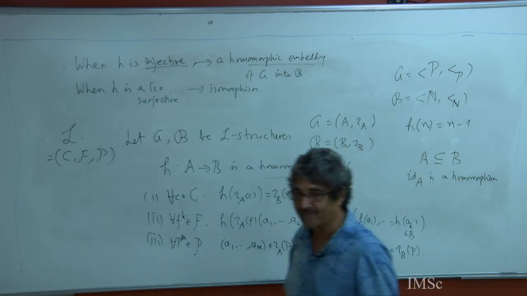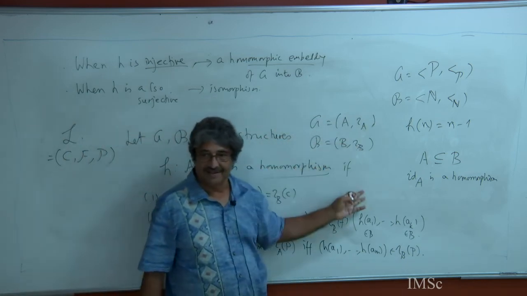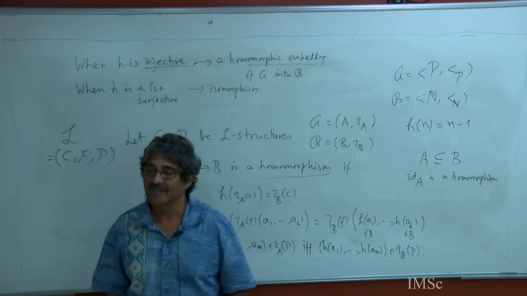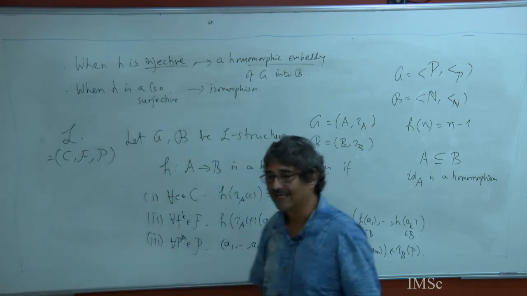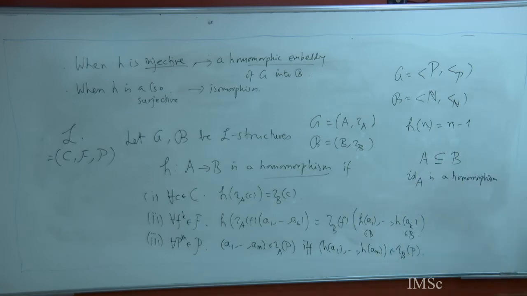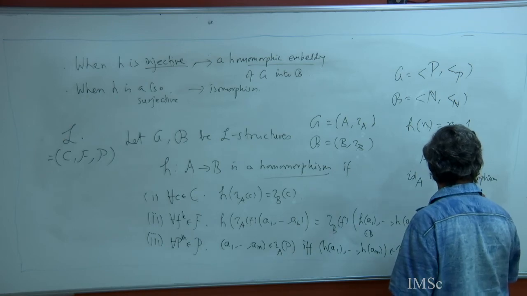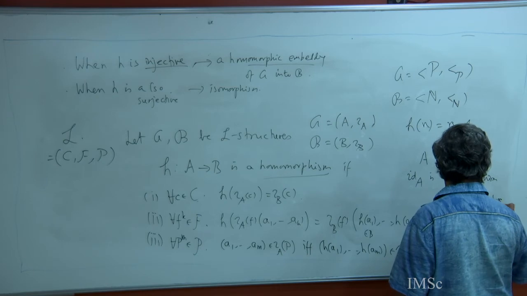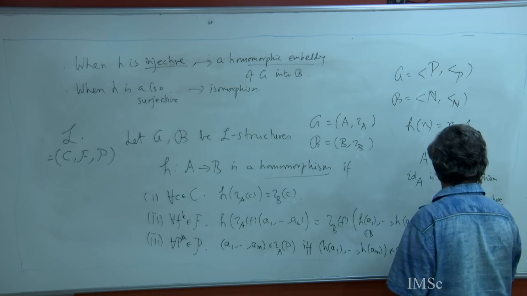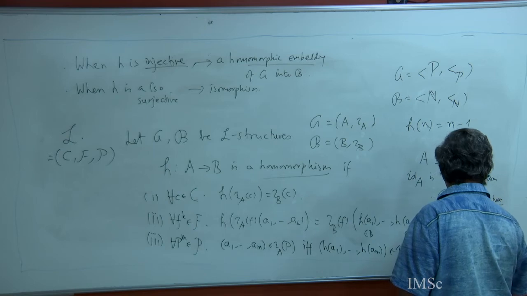If you are talking about two structures where A is actually contained in B, that's an isomorphic embedding, the identity, and in that case A is called a substructure of B and B is called an extension of A.